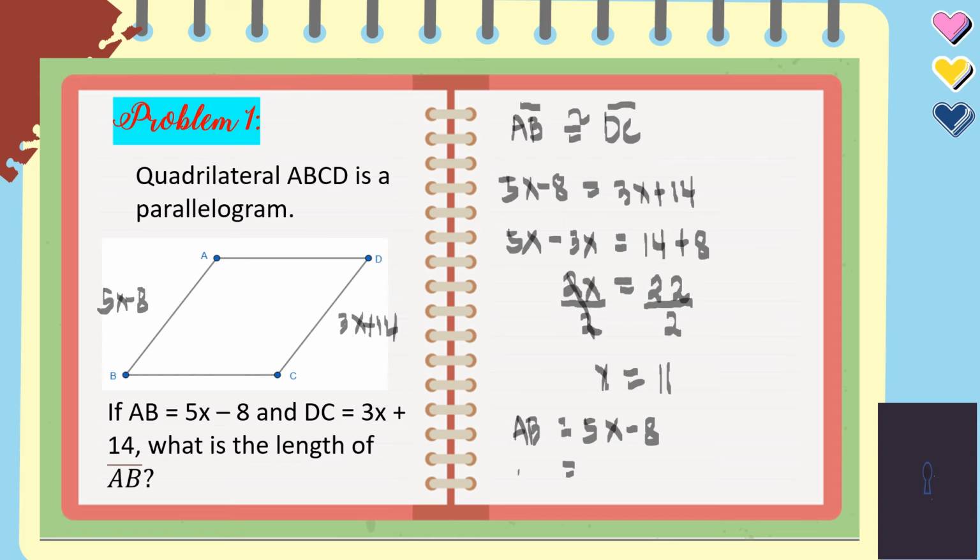So we have the measure of AB equal to 5 times 11 minus 8. 5 times 11 is 55, and 55 minus 8 is 47. So therefore, the length of side AB is equal to 47 units.